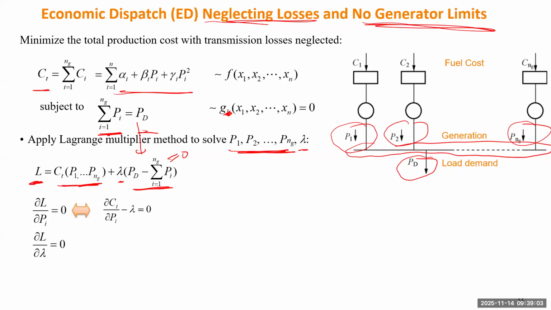Let's see the first type. So partial L, partial Pi is equal to partial C, partial Pi plus the partial of the second term, partial Pi. And the second term, there's only one term having that P. So basically the second term becomes negative lambda. So for this entire expression, for example, we consider P1, okay?